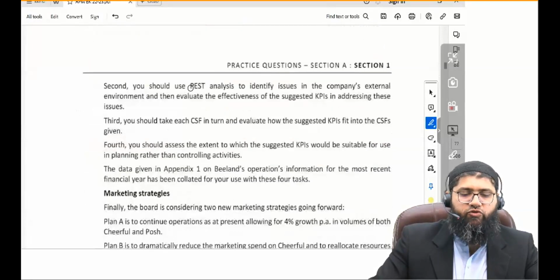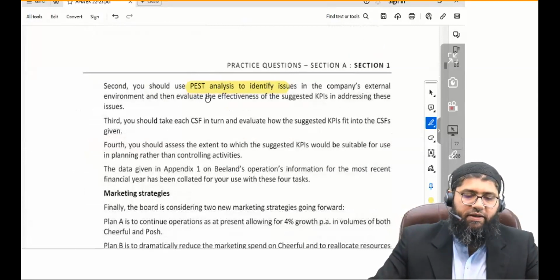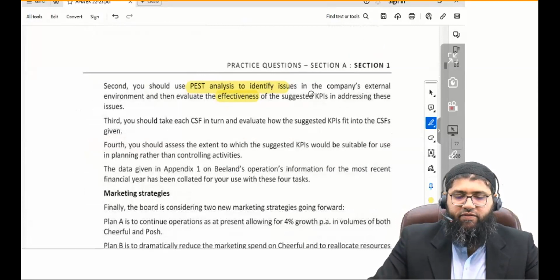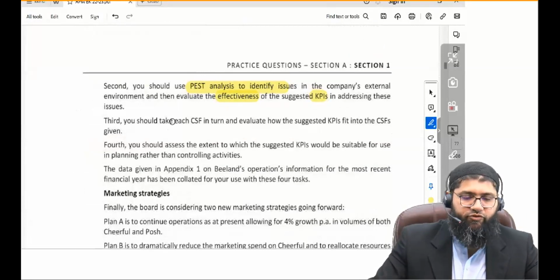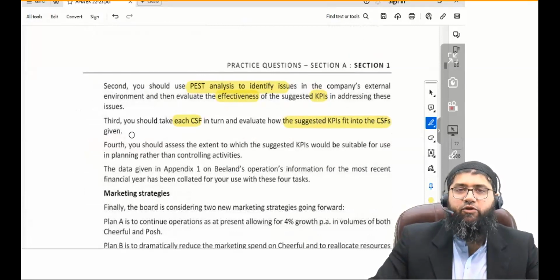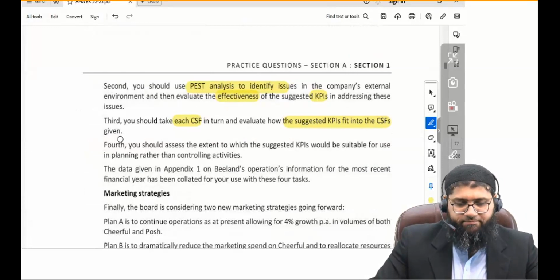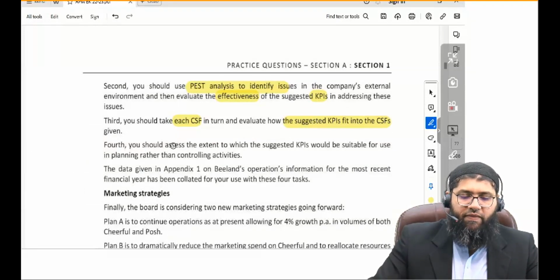Second, you should use PEST analysis to identify issues in the company's external environment and then evaluate the effectiveness of the suggested KPIs in addressing these issues. Thirdly, you should take each CSF in turn and evaluate how the suggested KPIs fit into the CSF given. Fourth, you should assess the extent to which the suggested KPIs would be suitable for use in planning rather than controlling activities.